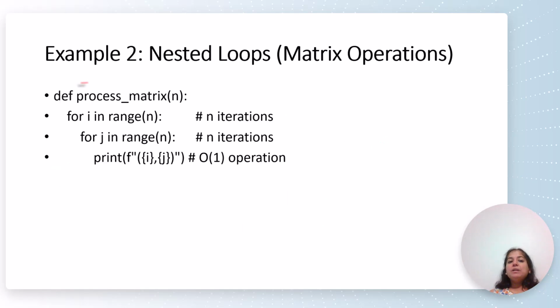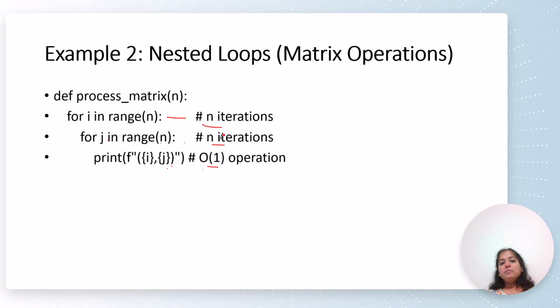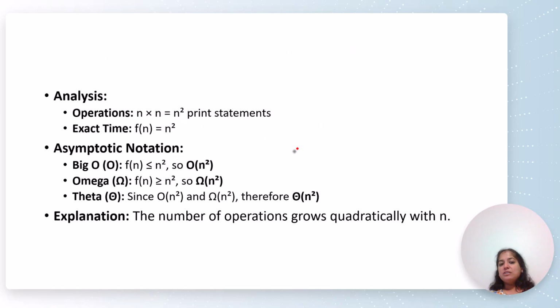Then another example is matrix, the nested loops. For i in range n, for j in range n, print the value of ij. So the outer loop is executing n times, the inner loop is executing n times, and the print statement takes constant time. If we analyze it, n operations times n operations means n square operations, n square print statements.